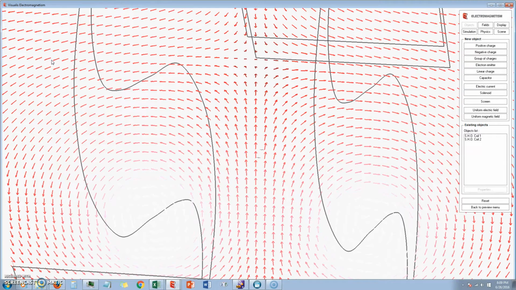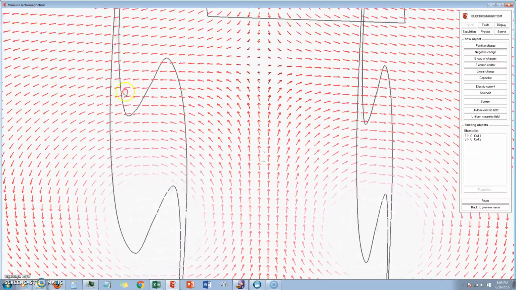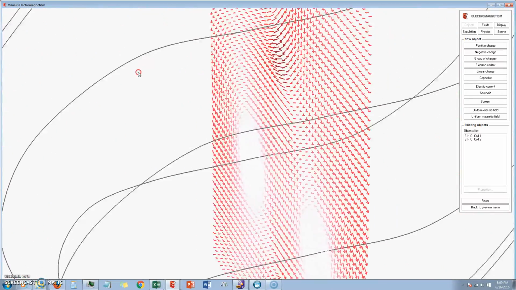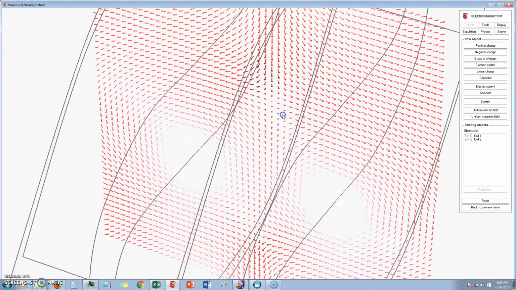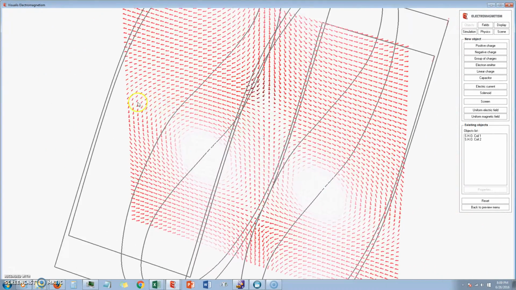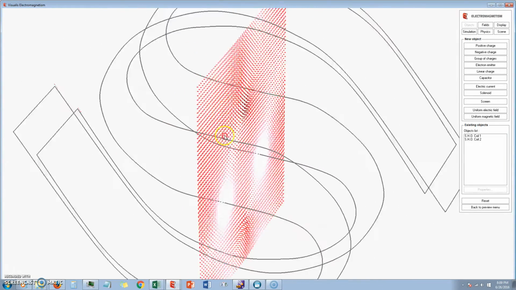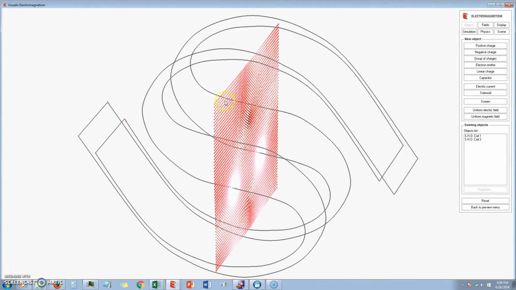Right. Did I say 2 amps? I meant 20. Anyway, so if you had 20 amps going through 22 turns, that would be 440 ampere turns. Anyway, so here is an isometric view of the S.H.O coil.